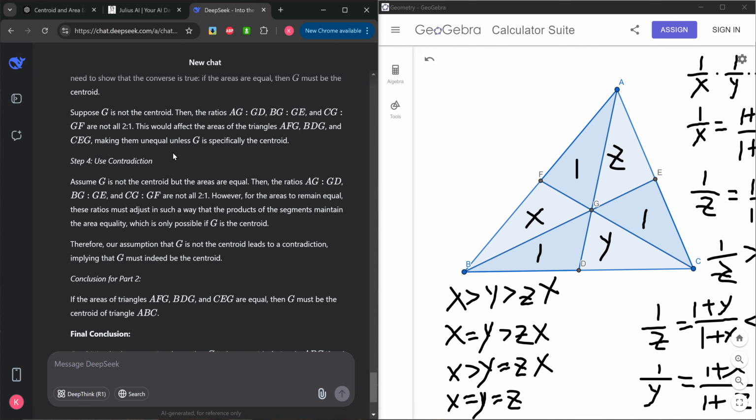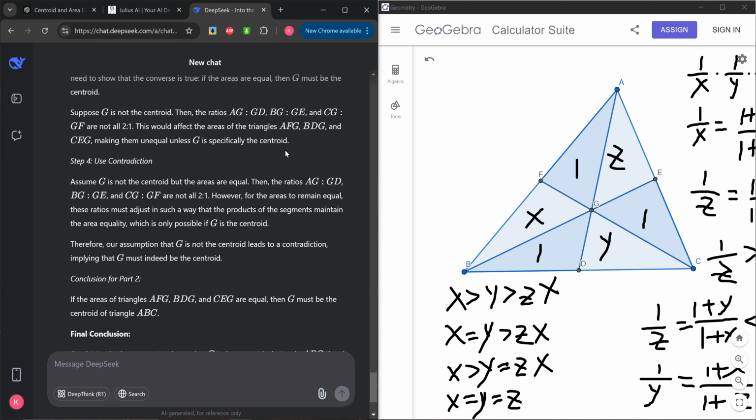Okay. It keeps supposing that G is the centroid and then just shows us what we already know. See here, suppose G is not the centroid, suppose G is the centroid. These are not all 2 to 1. This would affect this, making them unequal unless G is specific.